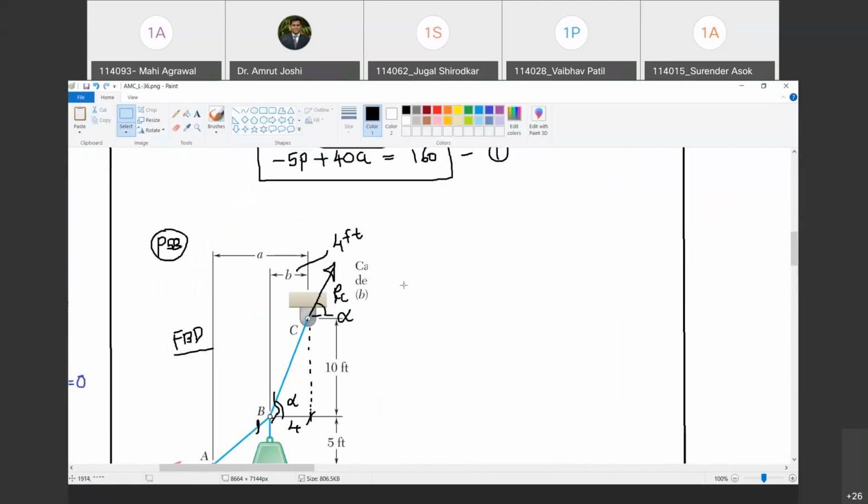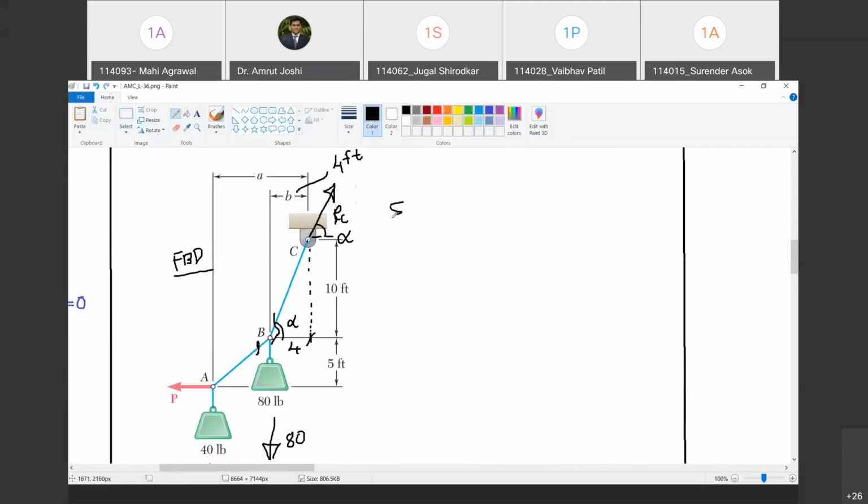Now to this free body diagram, let me apply equations of equilibrium, summation of moments of all the forces about C equal to 0.